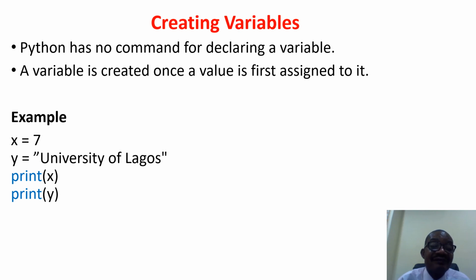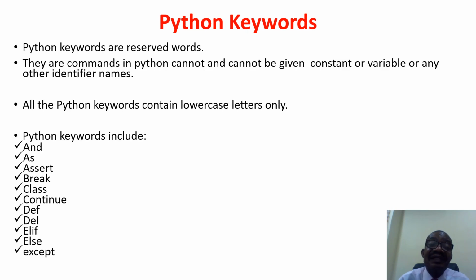To find out what you have in the variable x, when you type print x, it will give you 7 as the answer. When you type print y in brackets, it will give you University of Lagos.